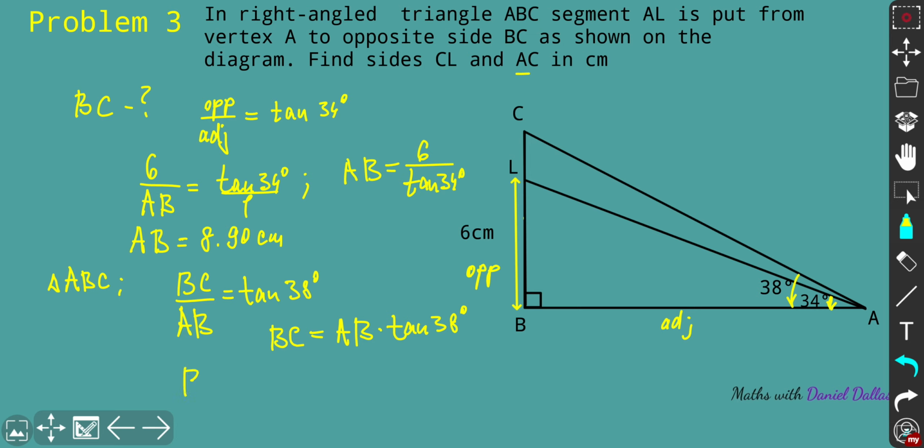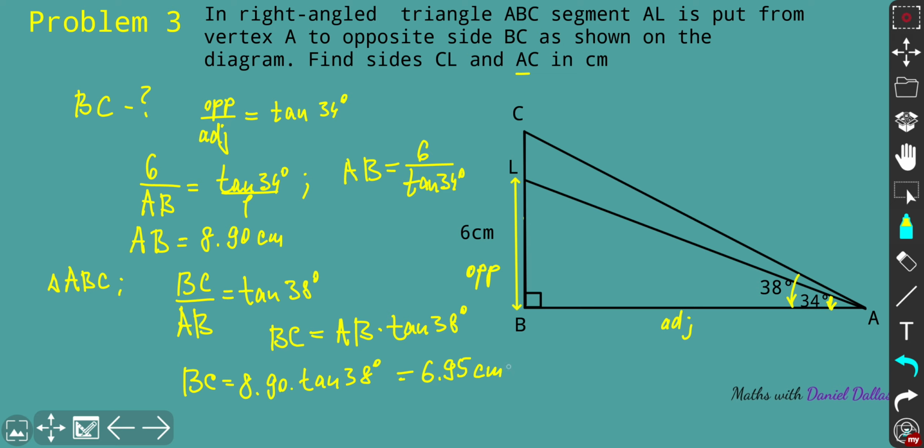So from there we can calculate BC. BC is 8.90 times tangent 38. That's pretty easy. Now let's calculate that. 8.90 times tangent 38 degrees gives 6.95, sorry, not degrees but centimeters.